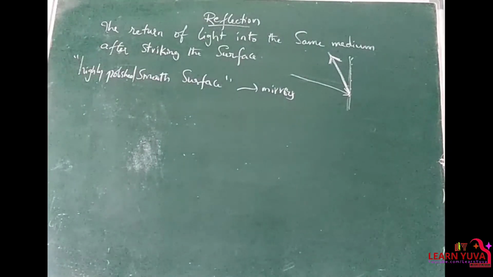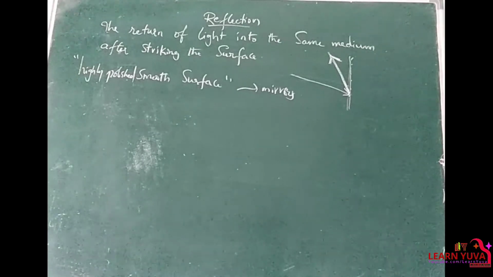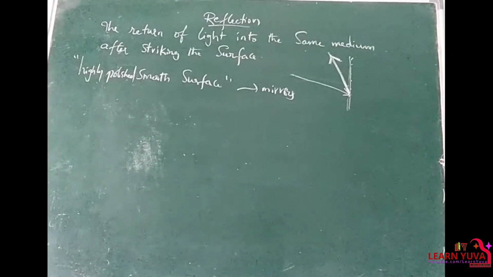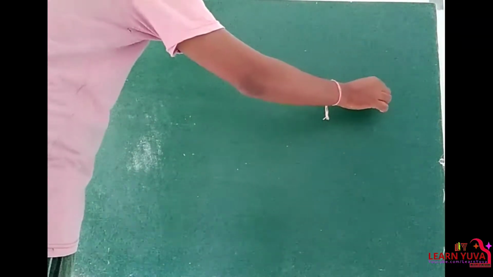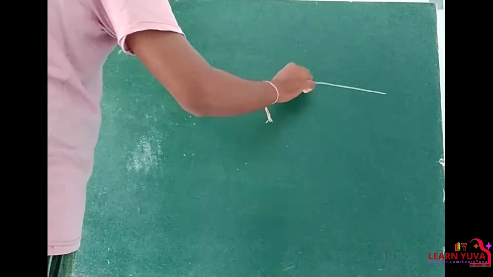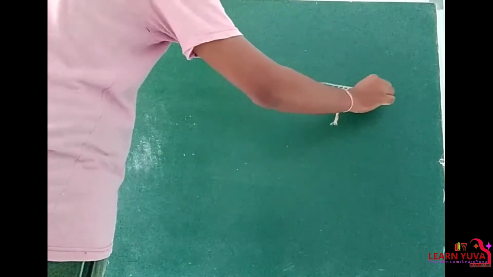Here some terms are there. These terms are very helpful in the topic reflection, so now I am going to explain them. The first one is mirror, a highly polished smooth surface.